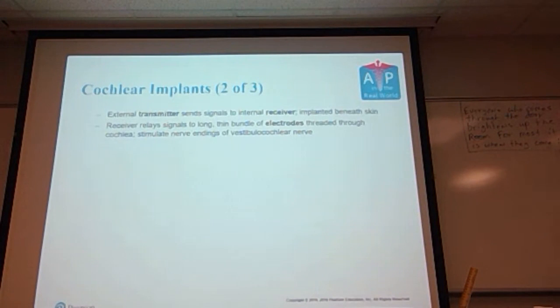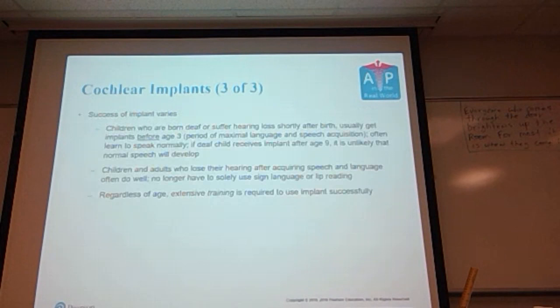It will also include an external transmitter which sends signals to the internal receiver, which is implanted beneath the skin. The receiver then relays the signals to the long, thin bundle of electrodes threaded through the cochlea, which stimulates the nerve endings of the vestibulocochlear nerve.